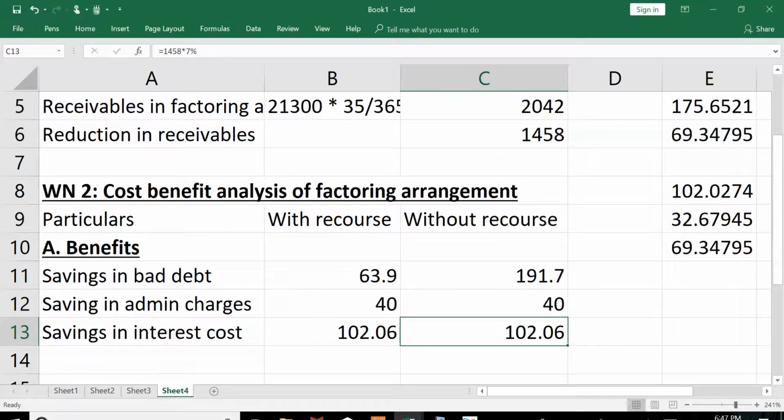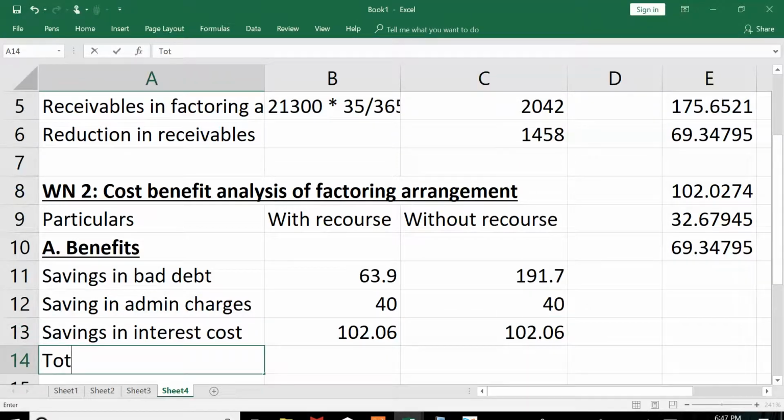Now listen, this is exactly the same thing which you did in the previous question also. The only difference is the previous question did not talk about lending and charging a higher rate. Here there is a lending and there is going to be a charge of higher rate, so that will come as an extra cost. So total benefits.